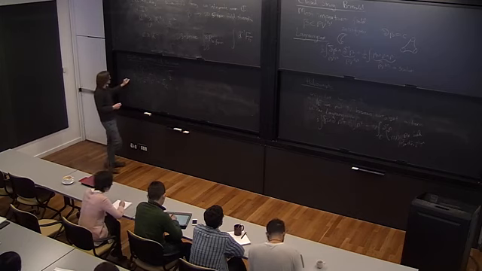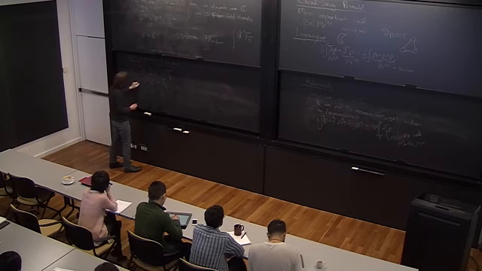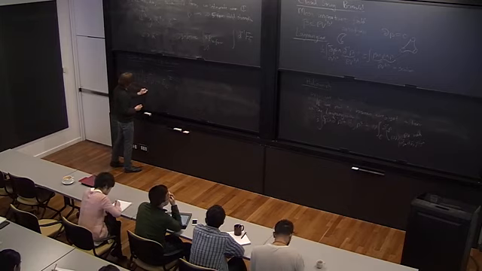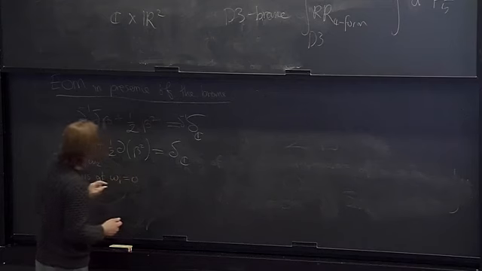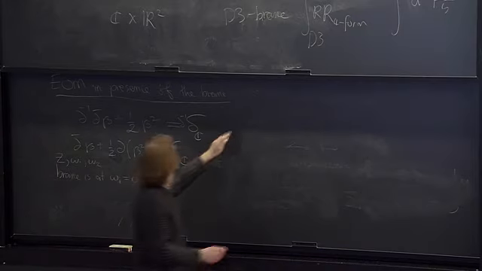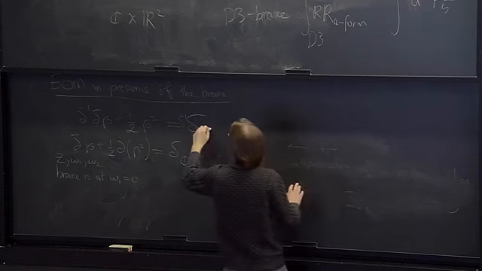So we choose coordinates z, w1, w2, so that the brane is at the location wi equals 0. And a solution is given by, sorry, I forgot the factor of n.